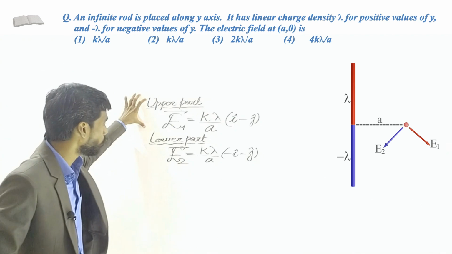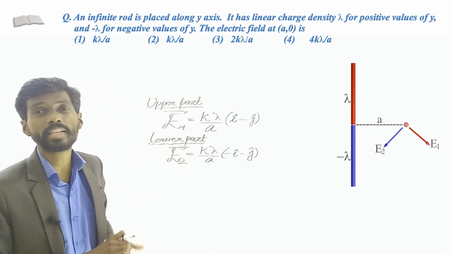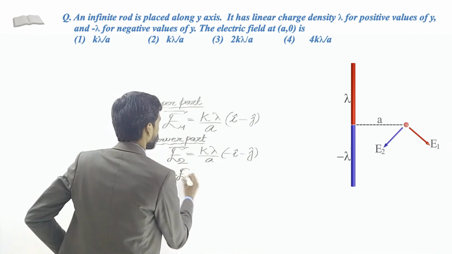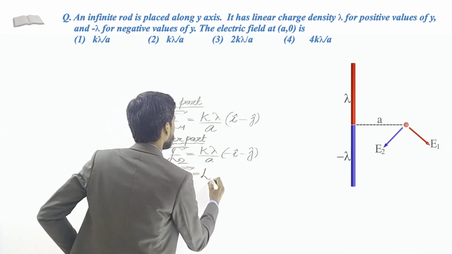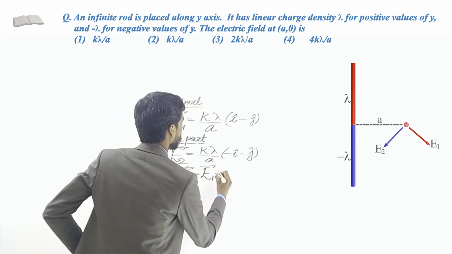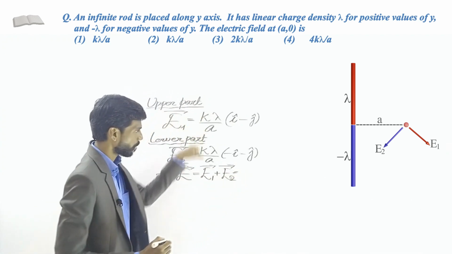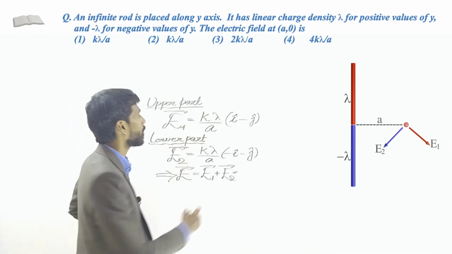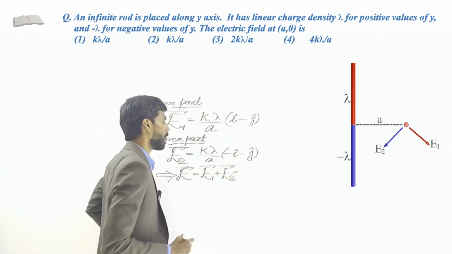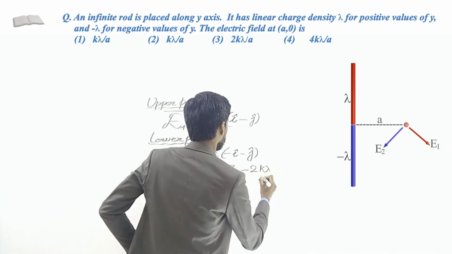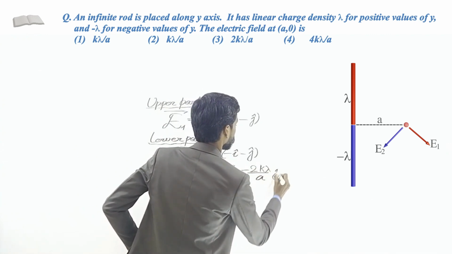So we have found both. Now we have to find the net electric field, say E vector. That is given by the sum of two vectors, E1 vector plus E2 vector. If you simplify this and add these two values, i cap and minus i cap get cancelled. So we'll get minus 2k lambda divided by a j cap. You understand?